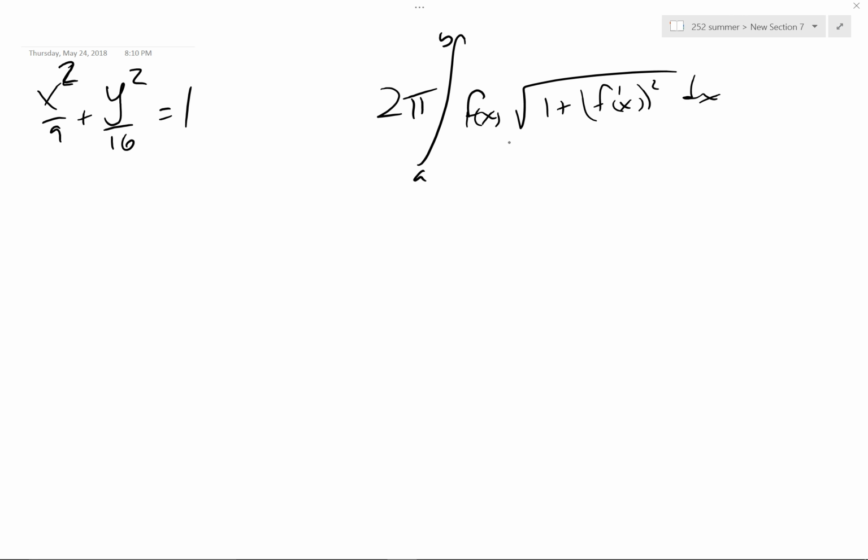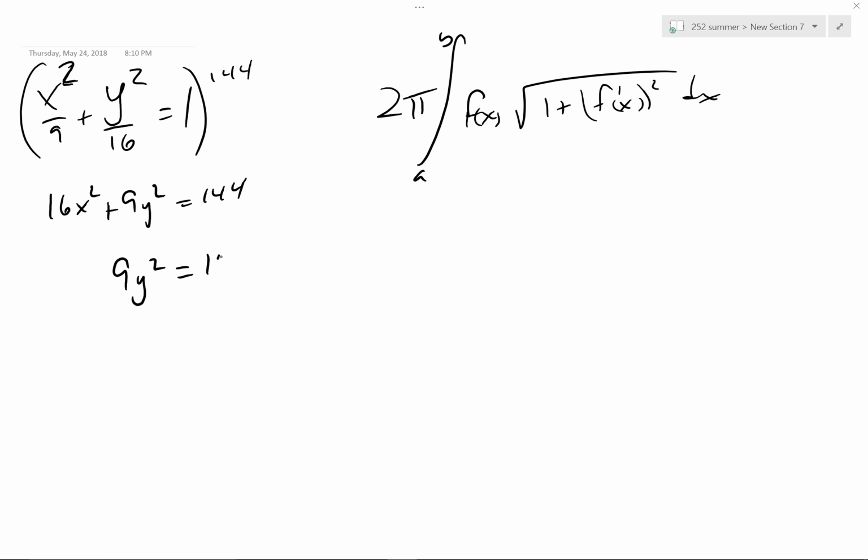Well, since I went to the trouble of writing it this way, I'm going to solve for x. So I'm going to multiply everybody by 144, the common denominator. So it's going to be 16x squared plus 9y squared equals 144. I'm going to go ahead and solve for y because I've got to solve for something, I guess.